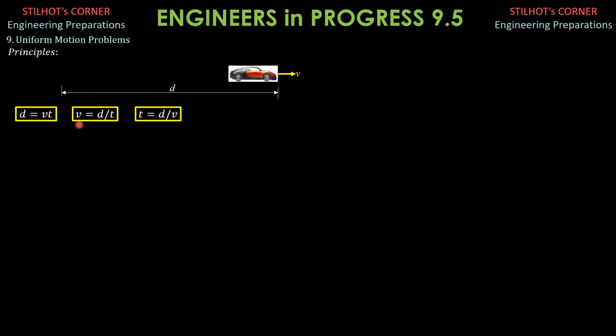Now, for the speed, it may be in miles per hour, kilometers per hour, meters per minute, or feet per second. Then there is an important unit in navigation, which is the knot, K-N-O-T. One knot is 1 nautical mile per hour. And remember that 1 nautical mile is equal to 6,080 feet.